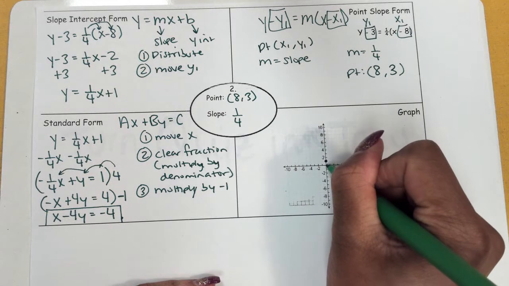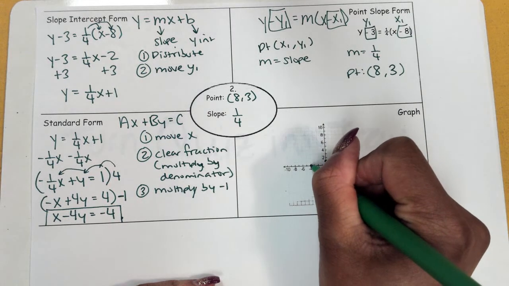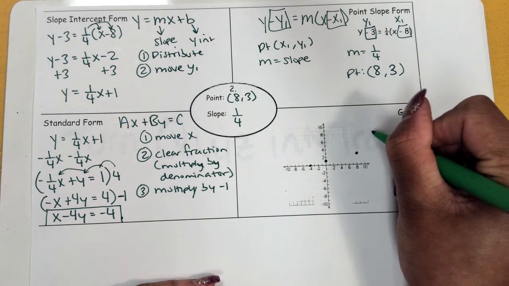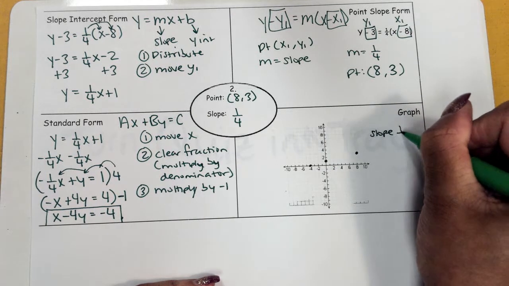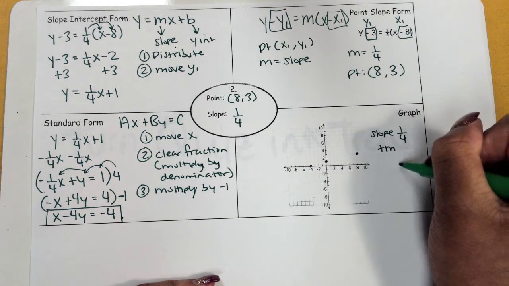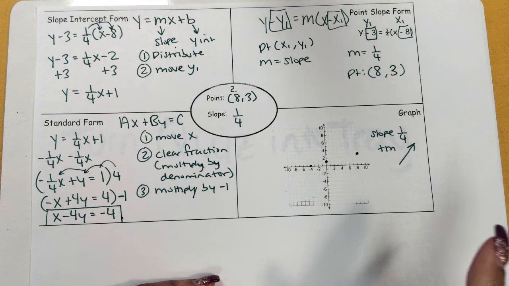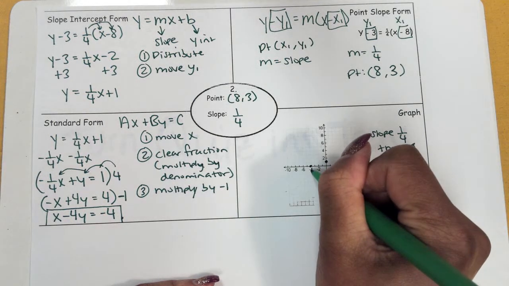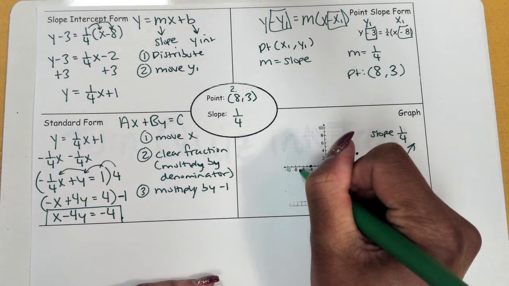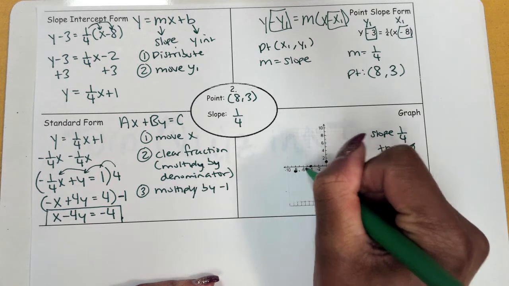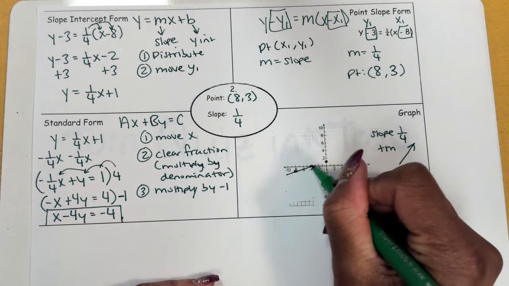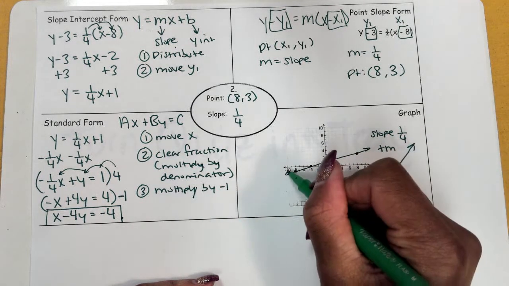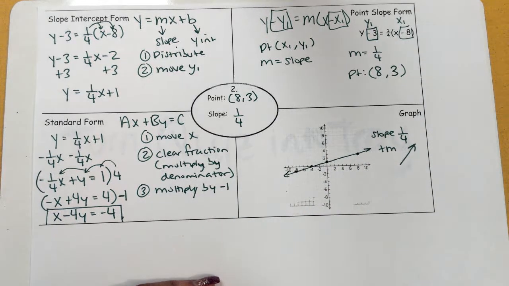So I go down 1 and over 1, 2, 3, 4. Notice that my slope is 1/4. It's a positive m, so that means my line should be increasing. So I go down 1, go over 1, 2, 3, 4. And there I have my line.